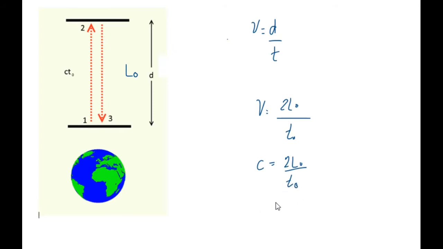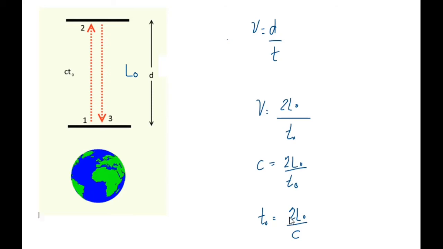If we wanted to derive an equation for T0, or the proper time, we have T there. So we just cross-multiply. We now have 2L0 over C. Okay?